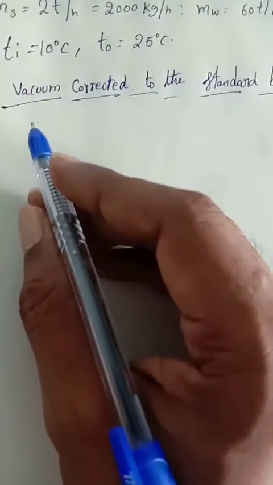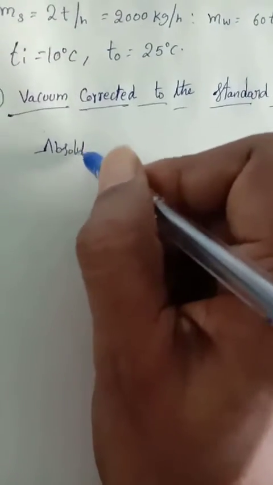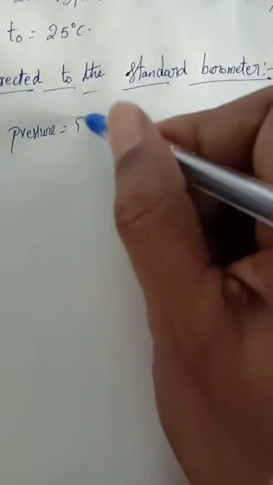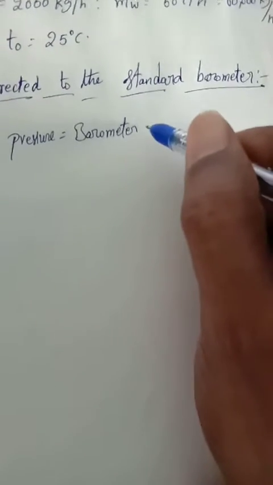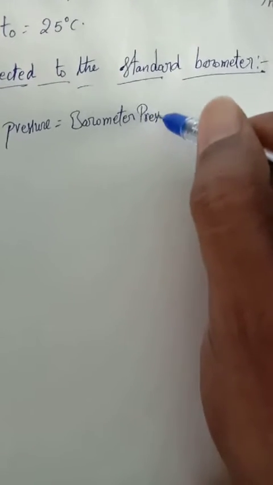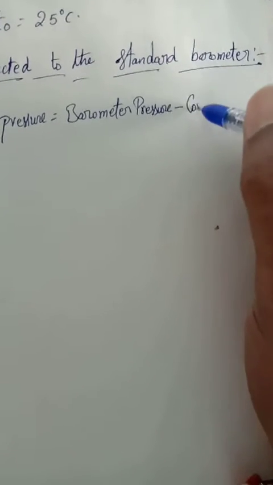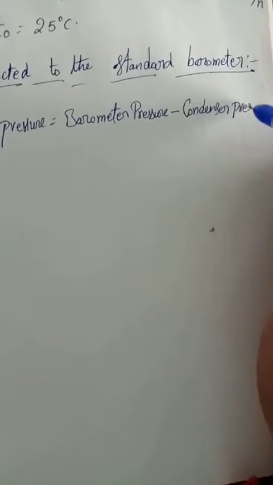We know that absolute pressure in the condenser is equal to barometer pressure minus condenser vacuum.